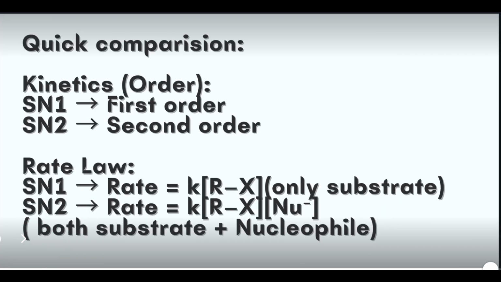Now we'll see the quick comparison. First is kinetic order. SN1 is first order, and SN2 is second order. And rate law: SN1 rate is equal to K of Rx, that is only the substrate. In SN2, rate is equal to K of Rx into nucleophile. It depends on both substrate and nucleophile.